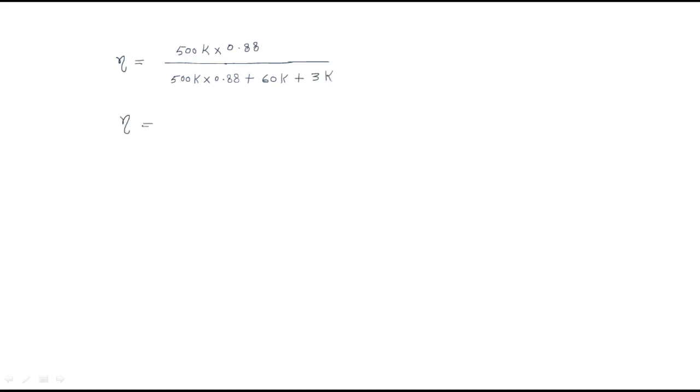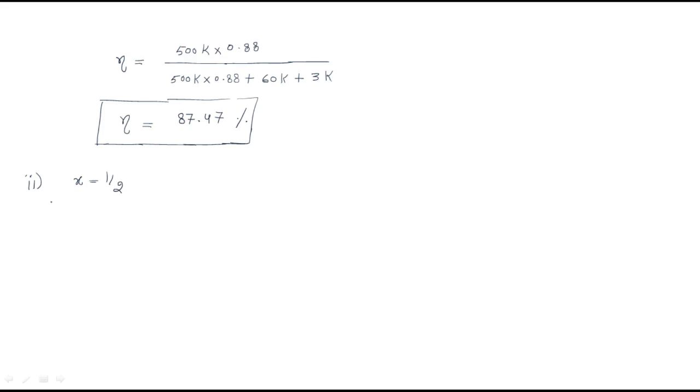By doing the calculation, finally we will get the efficiency value as 87.47 percentage.